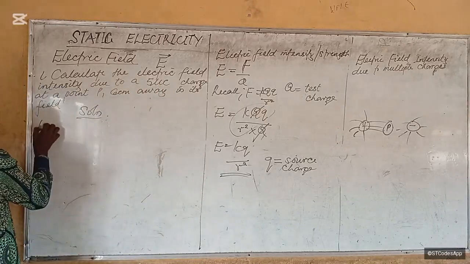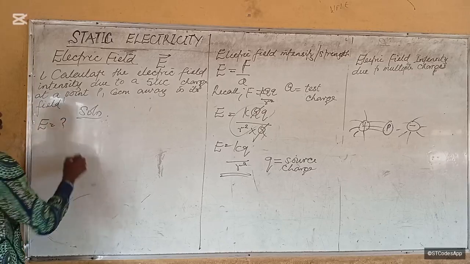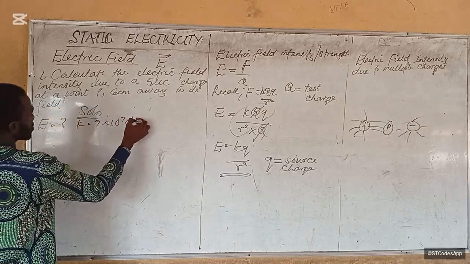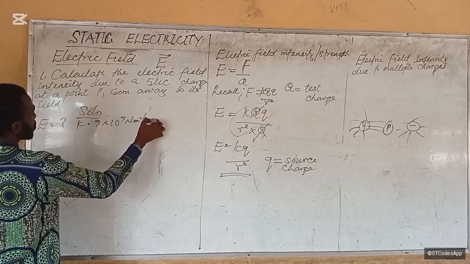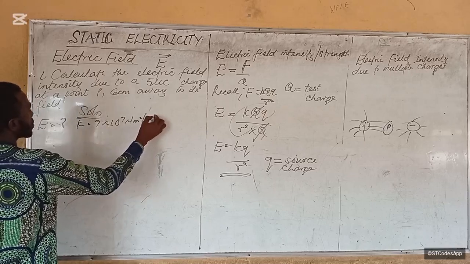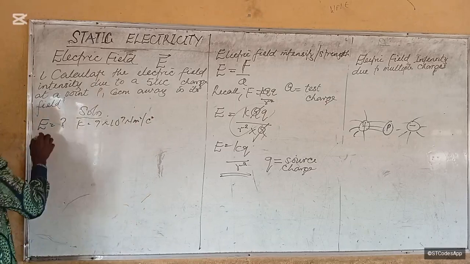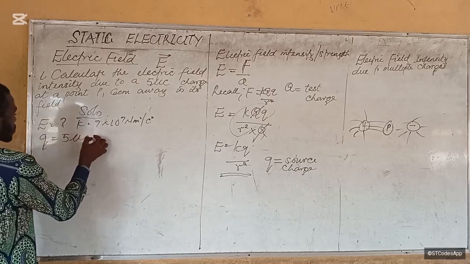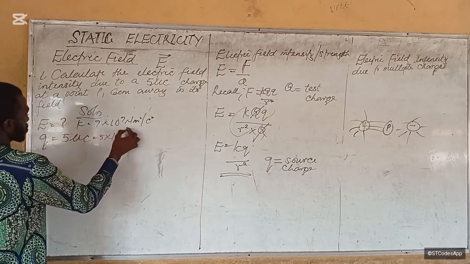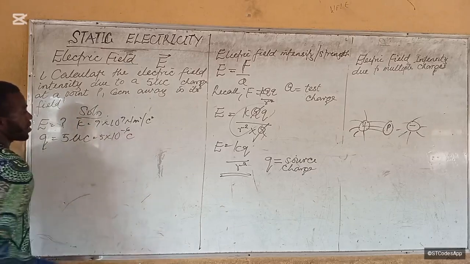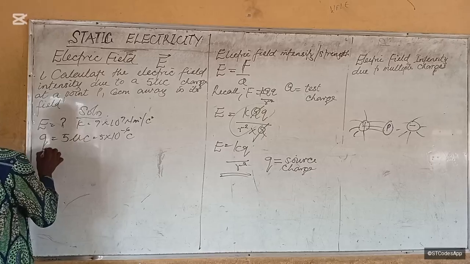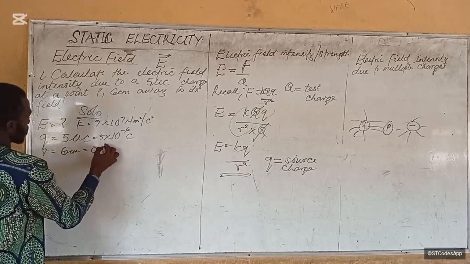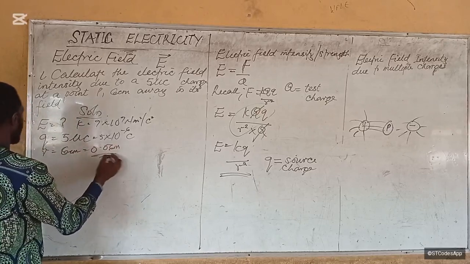So E is what we're looking for. We don't know it. Now we know K, 9 times 10 to the power 9 Newton meter squared per Coulomb squared. Now, Q, which will be our source charge, is 5 microcoulomb. That is 5 times 10 to the power minus 6 coulomb. Then R, the distance, is what? 6 centimeters, which is 0.06 meters.